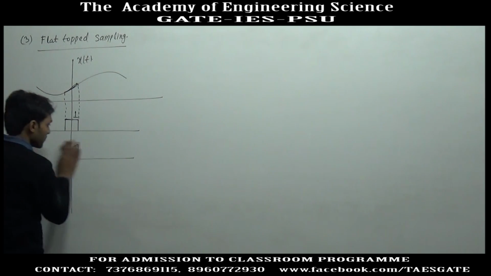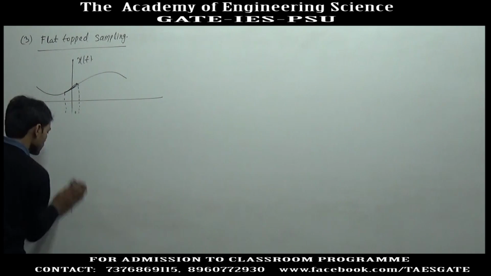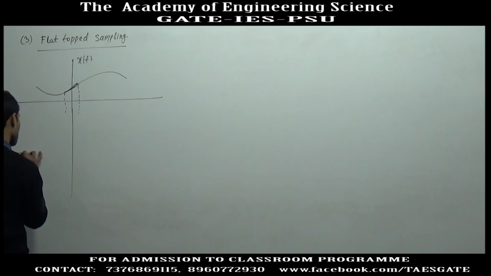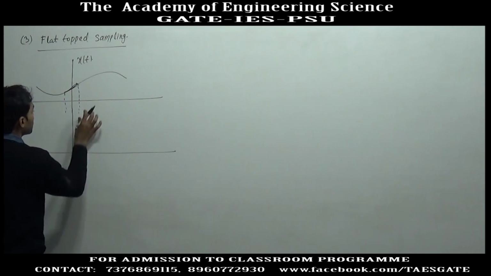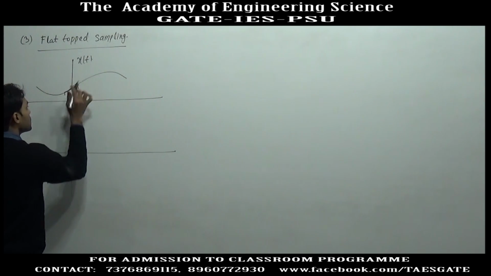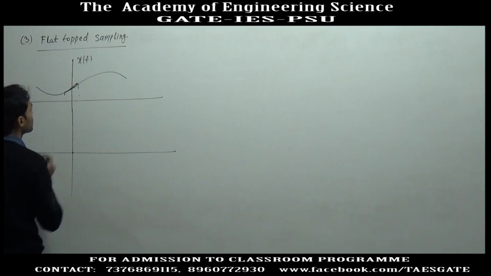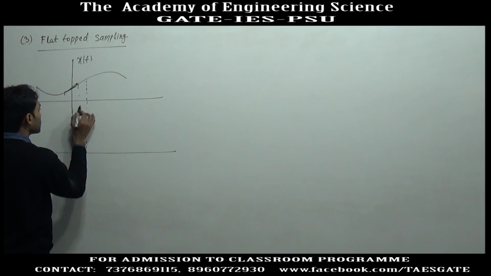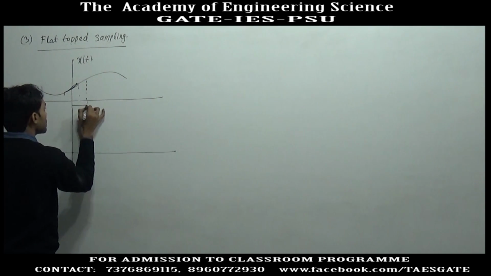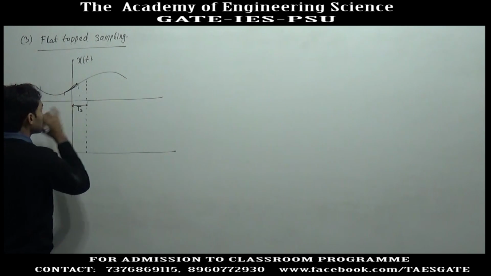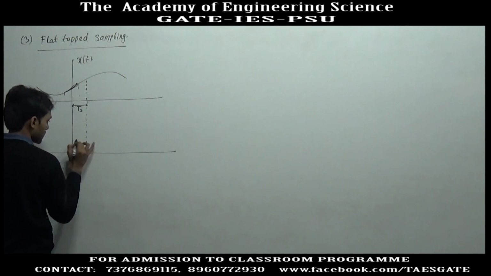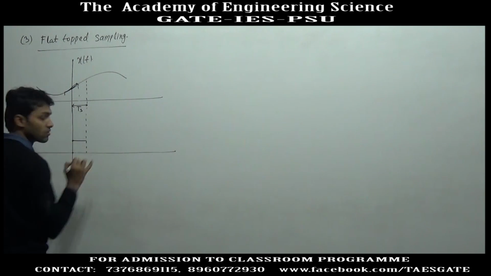In flat top sampling, we want to get a signal which has constant height. Suppose we start from 0, and this is the sampling interval. So, we will start with this height and we want this height to be constant.